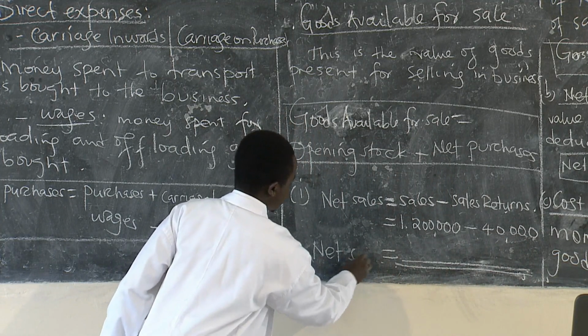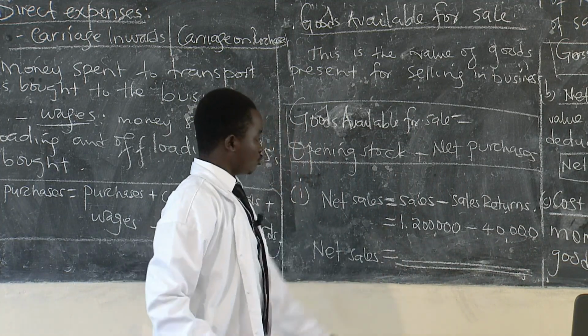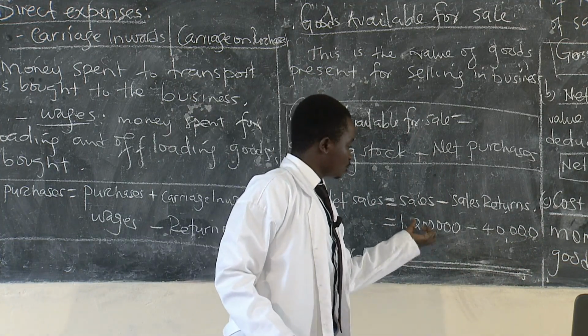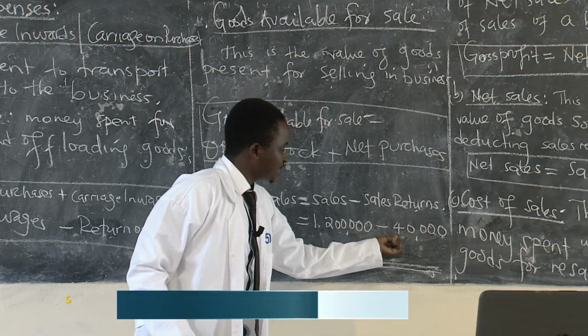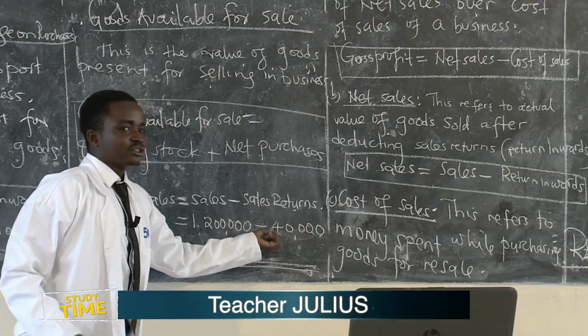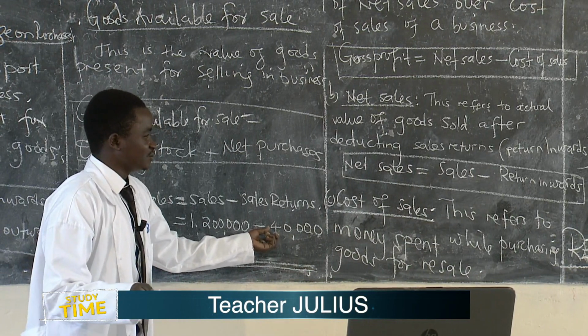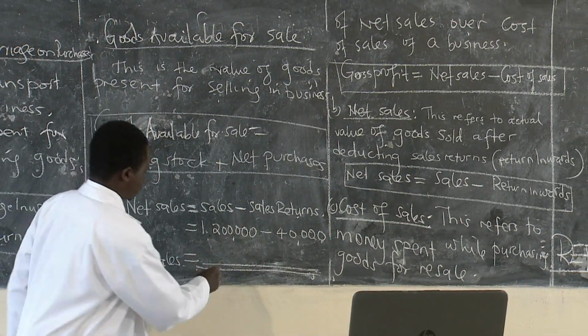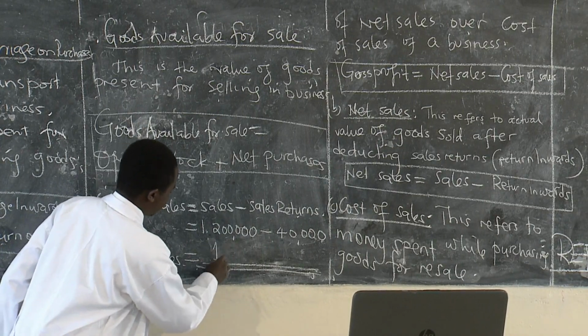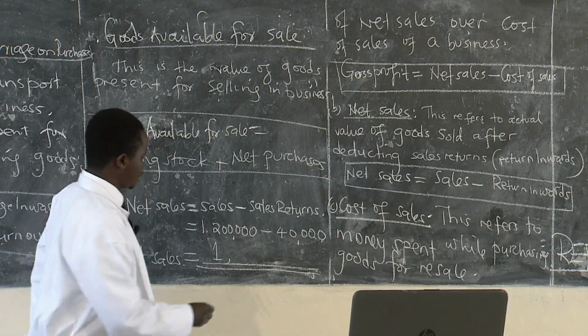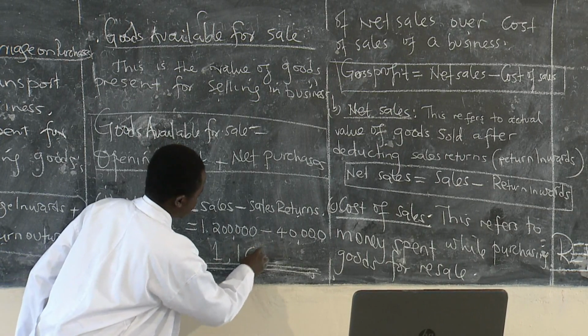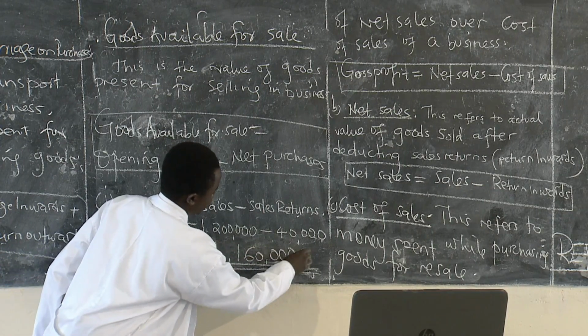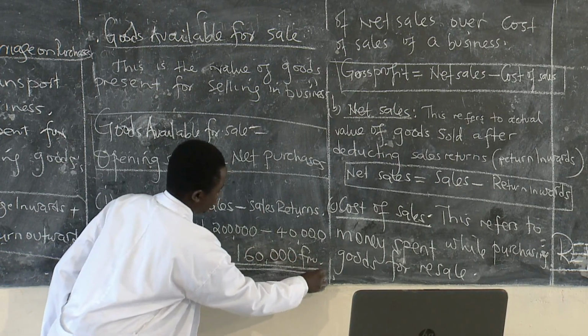Actual sales, the actual value of goods sold. We sold these goods worth this, but customers returned goods worth this because they were expired, maybe, or for different reasons. So when you subtract, what do you remain with? Yes, you remain with 1,160,000 Rwandan francs, the currency.